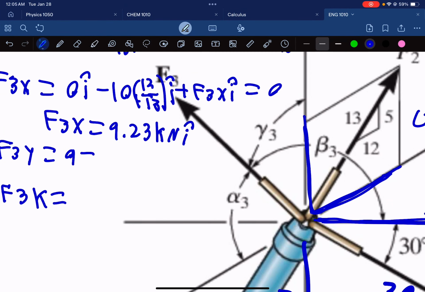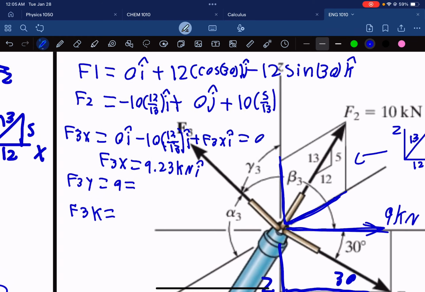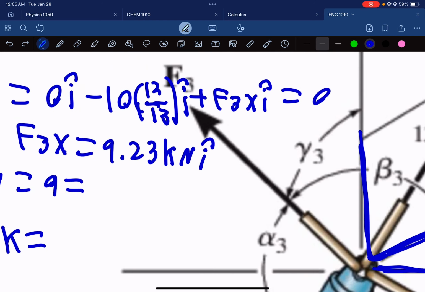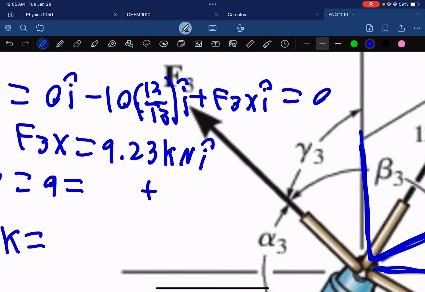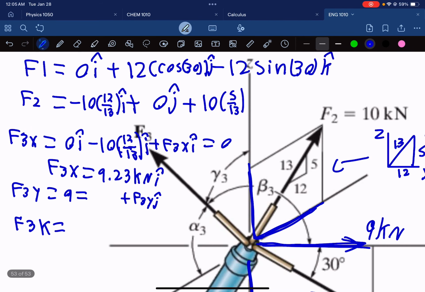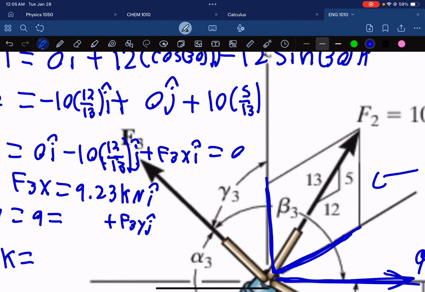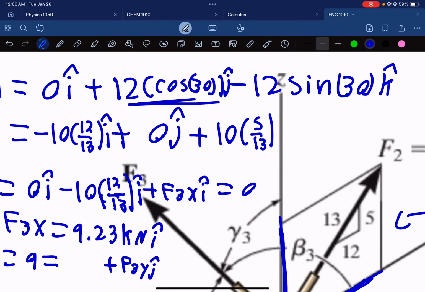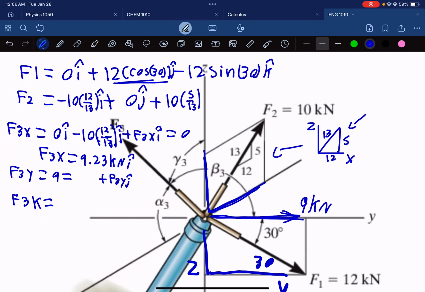So 9 equals, we have our y right here, so it's going to be 0 in f2, so we can leave that out. And we're going to add f3y j to this. And then the only thing we're working with here is our j up here. It's hard to read my own writing even sometimes.